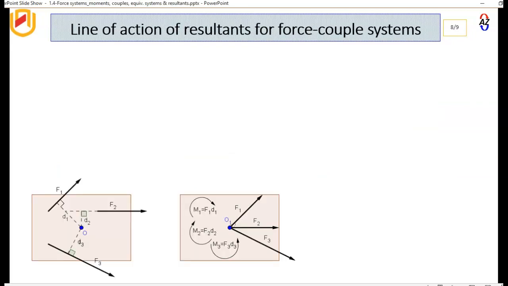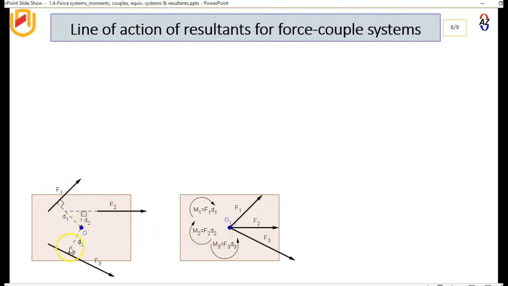Let's look at what is called the line of action of resultants for force couple systems. So we have a bunch of forces here, F1, F2, F3, and there's a point we're interested in to find the resultant and the line of action, which is this point O. F1 creates a moment F1 d1, F2 creates a moment F2 d2, and F3 creates this moment here.